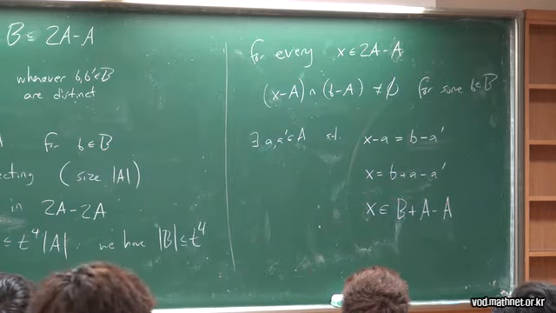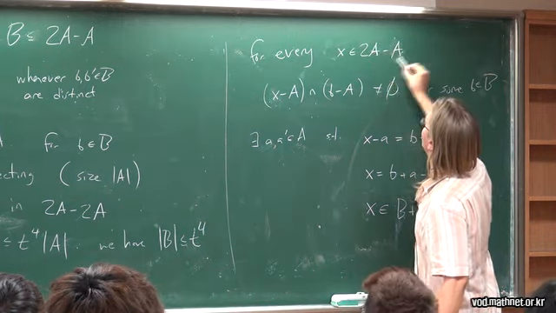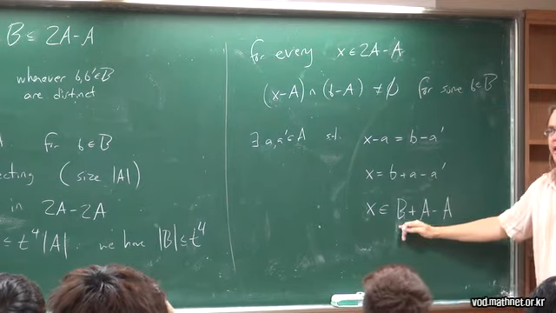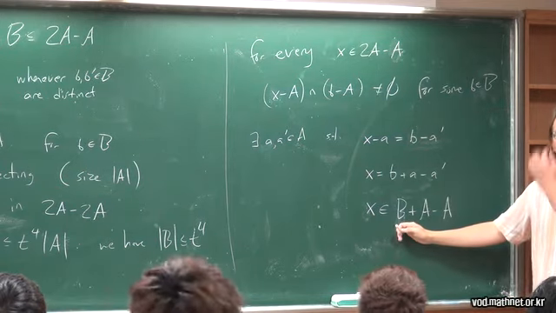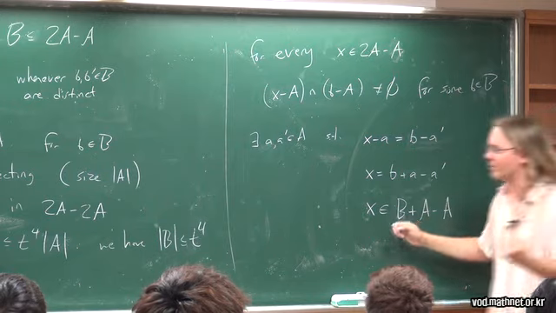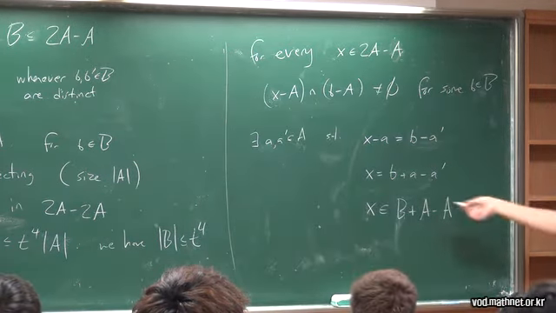So every element in 2A minus A is also in b plus A minus A. There's something funny that's happened here. Instead of A plus A minus A, I could have replaced one of those A's by a b, and B we have this nice control over. B is only controlled in size. So let me write down this fact.